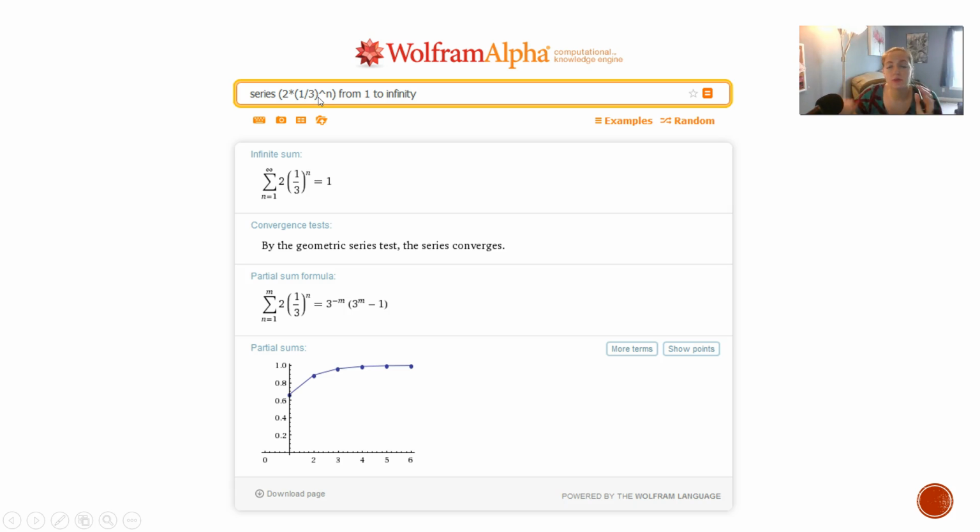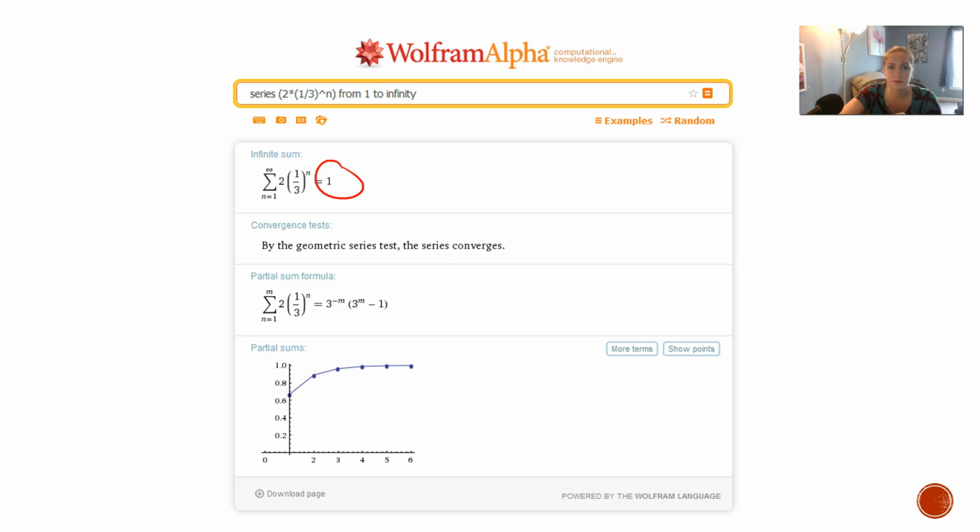So 2 times only the 1/3 is being raised to the n from 1 to infinity, and you see that it does sum to 1. So again, you have to show me your work, but this is a good checking tool. I'm happy to have you guys check your work to make sure you're doing it right and be confident, especially since we have the final this week as well. Okay, and you can see by the geometric series test, the series converges.